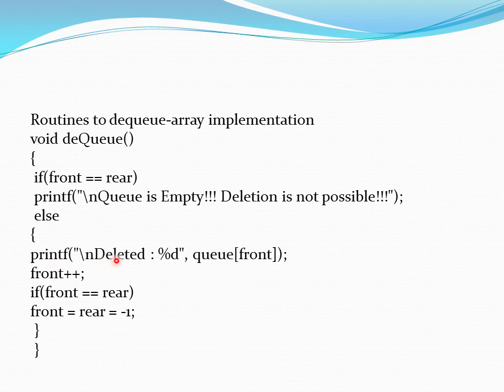So printf deleted element is queue front. Next, we are incrementing the front pointer by 1. After incrementing, if front equal to rear, which means we are deleting the last element in the queue, so that queue is empty. We are setting front equal to rear equal to -1.